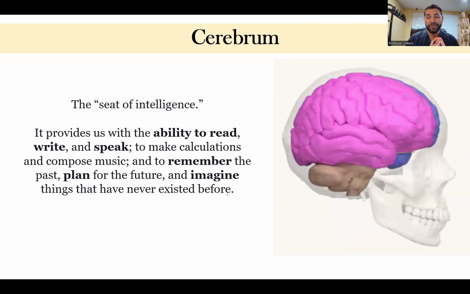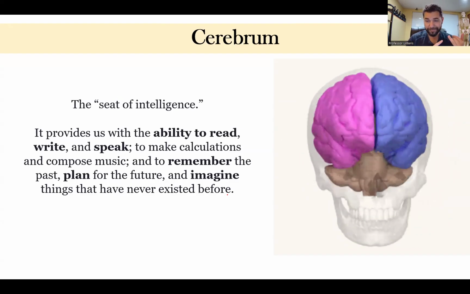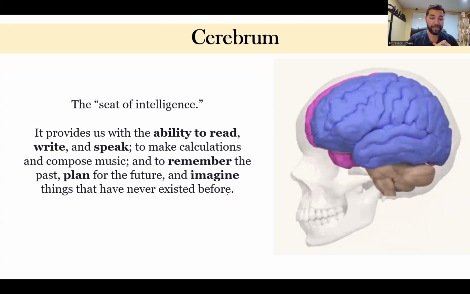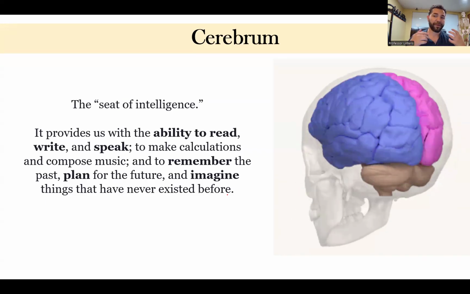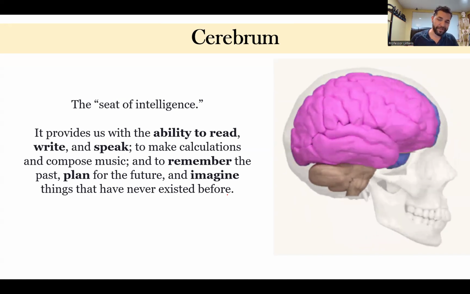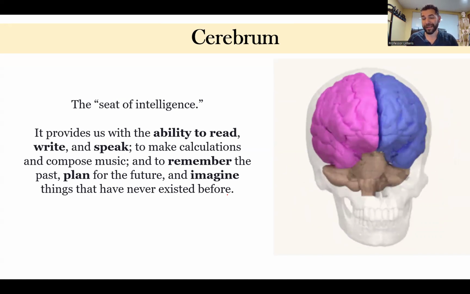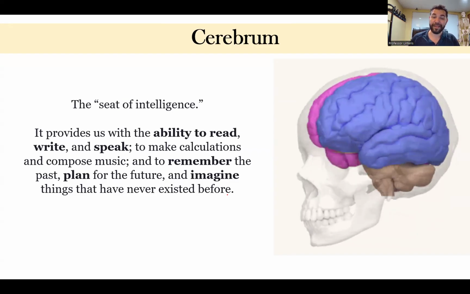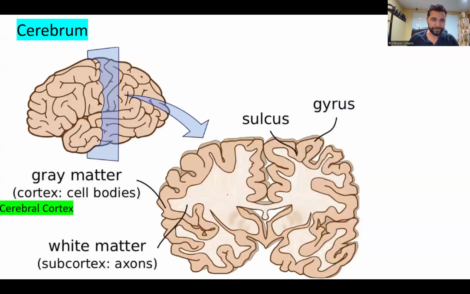In general, ability to read, write, speak, remember things, plan, move, consciousness in general, as well as interpreting sensory inputs are all regulated by various aspects of the cerebrum. And it has a couple different parts, right? So the first part you'll see here is the breakdown of the gray versus white matter, right?